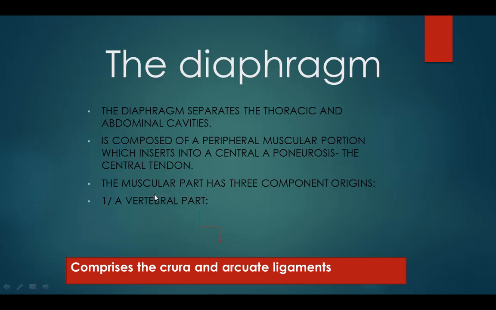The first one is the vertebral part, which comprises the crura and the arcuate ligaments. This is the muscular part of the diaphragm attached to the vertebra. Here we have two attachments, by the crura and the arcuate ligament.